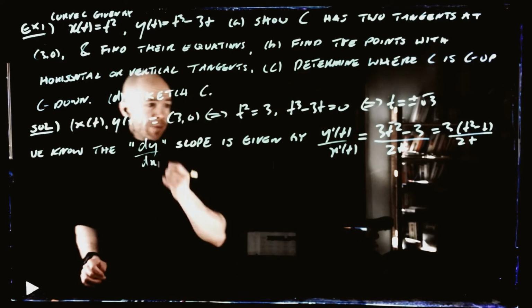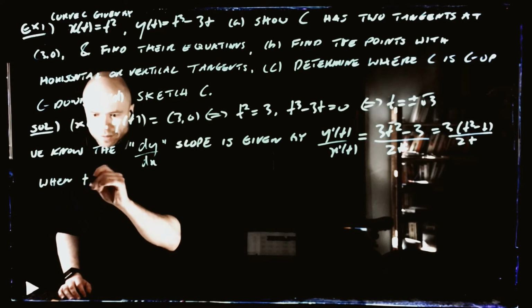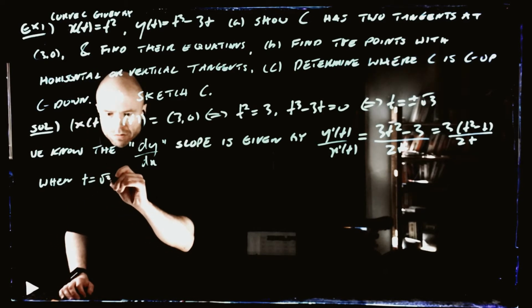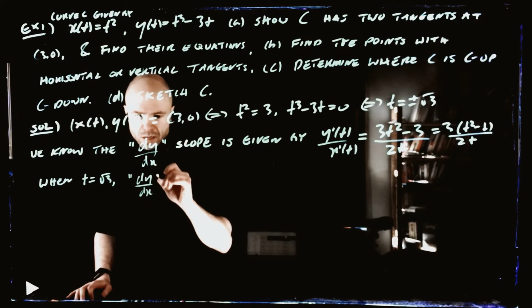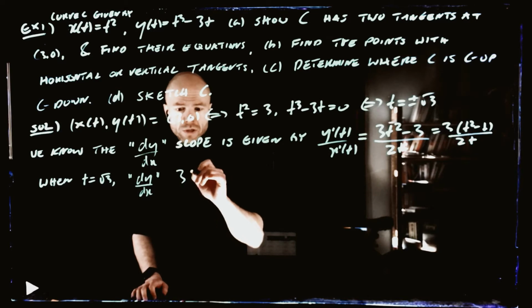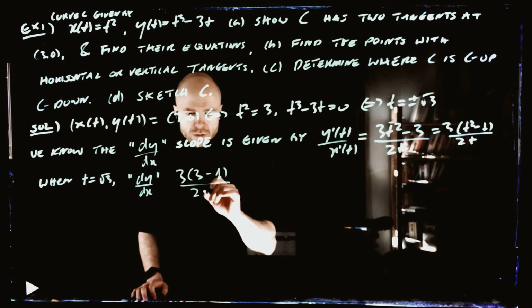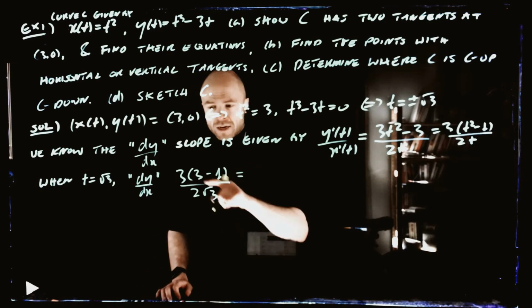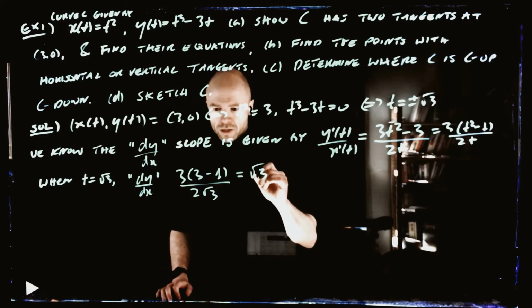And then let's see what happens when we have the two different times. So when t is equal to root 3, then dy by dx, we put root 3 into this, is equal to 3 times 3 minus 1 over 2 times root 3. So that is 3 times 2 divided by 2, so it's going to be just root 3.